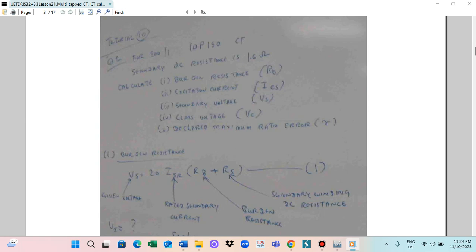Rated secondary current is 1, RB we already calculated as 7.5, plus RS. RS is the secondary DC resistance, which is 1 by 6. By solving this, you get 182 volts. So the secondary voltage is 182 volts.